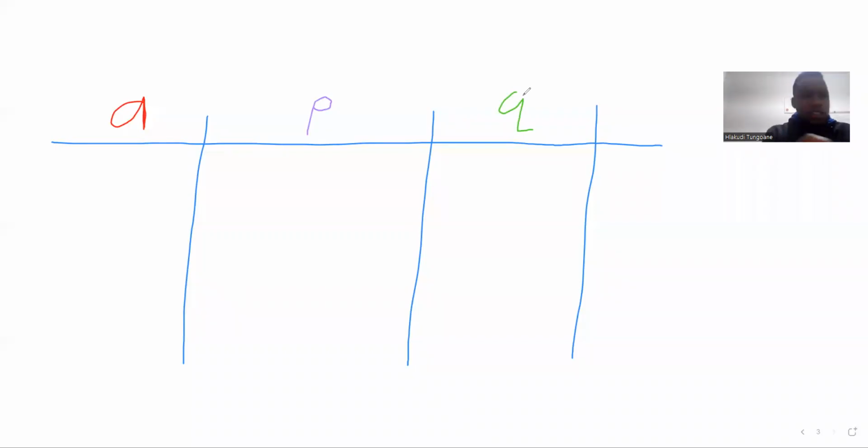We said A affects the shape and the gradient.